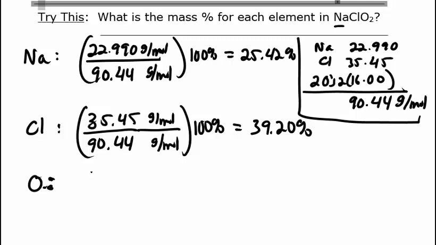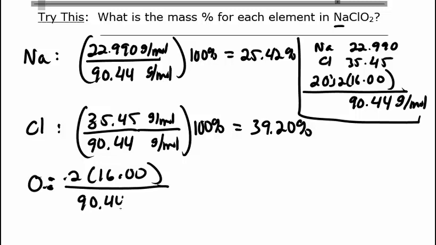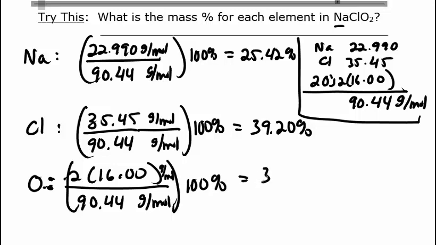Finally, the oxygen. There are 2 oxygens, so the numerator has to be 2 times the molar mass of oxygen divided by 90.44. Keep my units there, grams per mole, times 100%, and that was 35.38%.